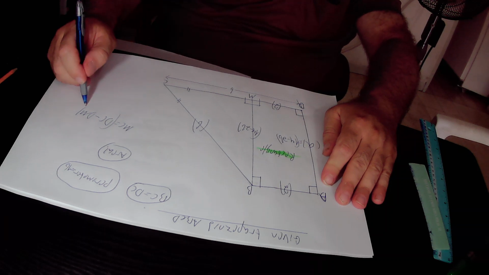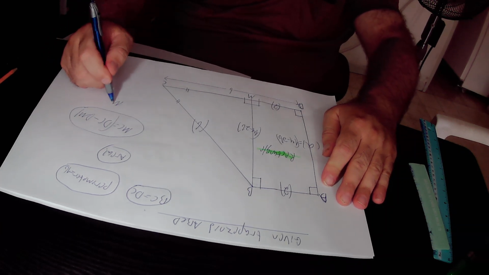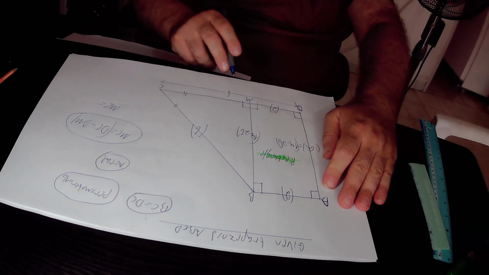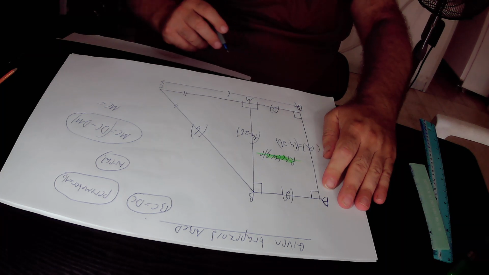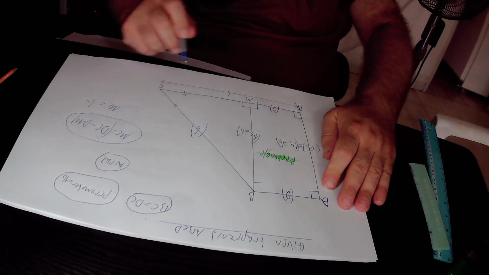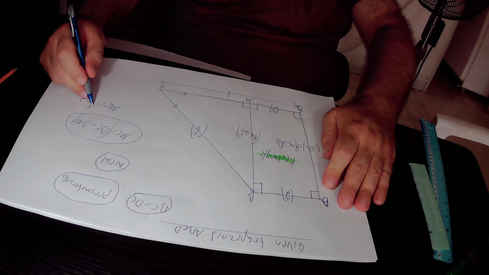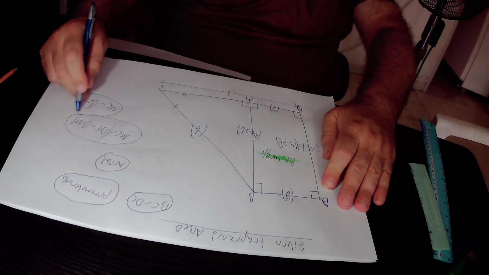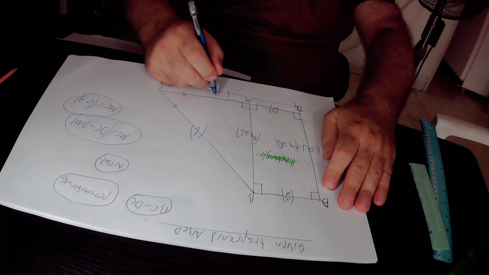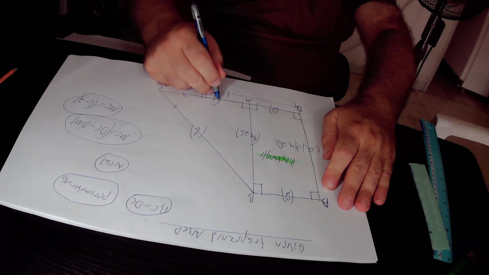So MC equals DC. DC equals B units in its length according to our definition, minus DM. We just found out that DM equals 2. So in total, MC equals B minus 2 units in its length.